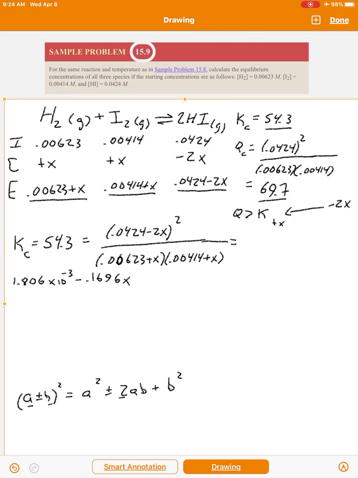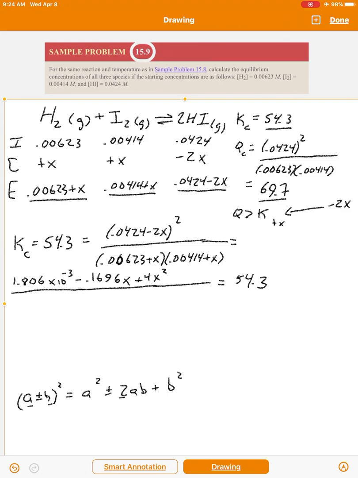Okay, so that's what we're doing at the top. So when you double the 2 and the 0.0424, you get 0.1696. Okay, and then we're going to square the second term, so that's plus 4x squared. Then in the denominator, I'm going to put a little room here.